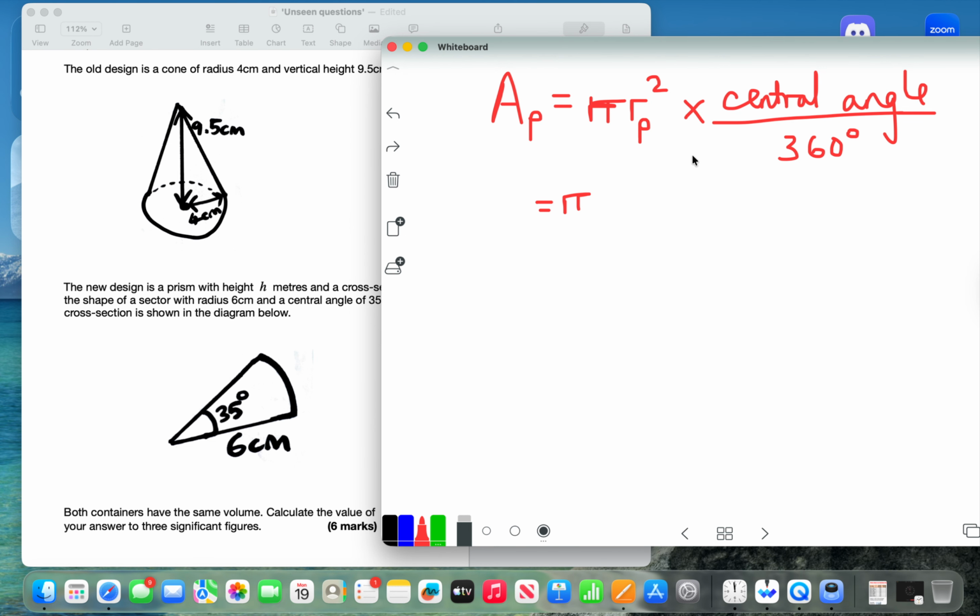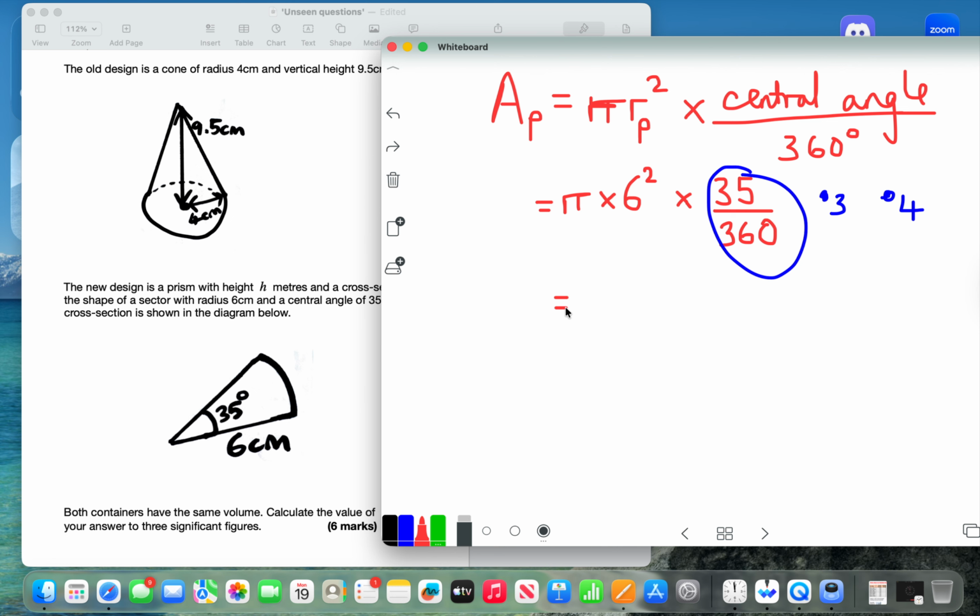So we get pi times 6 squared times 35 over 360. And you would get the third mark for this, and for the whole line you would get the third and the fourth mark. So up to this point you get 4 marks.